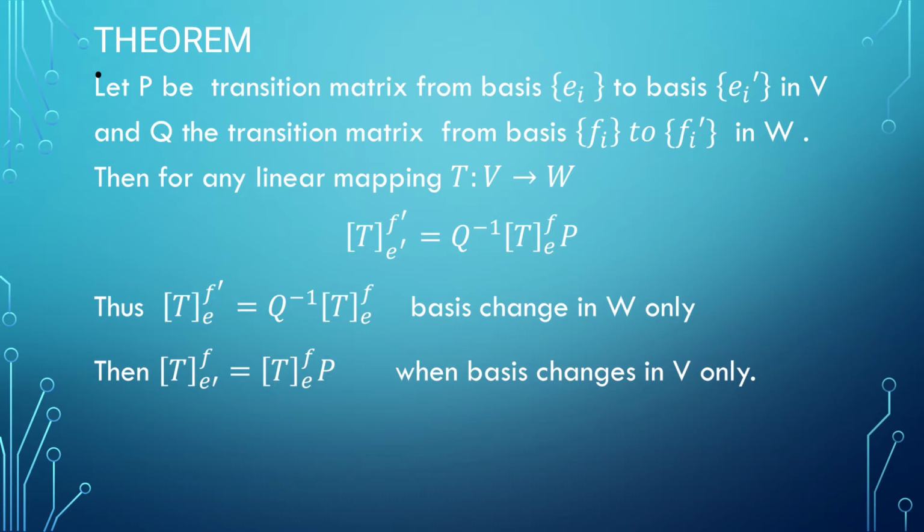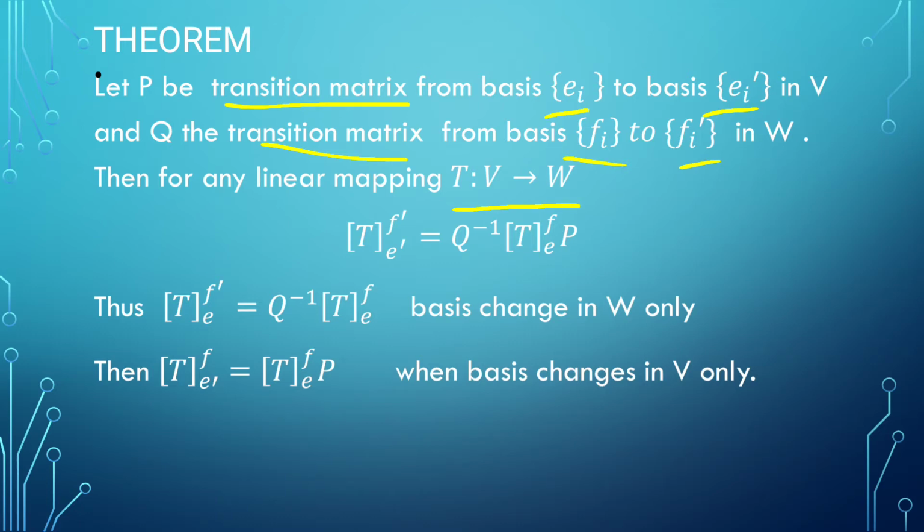Okay, we start with this theorem. We let P be a transition matrix from basis Ei to Ei prime in V, and Q be a transition matrix from basis Fi to Fi prime in W. So we are talking about this linear mapping.